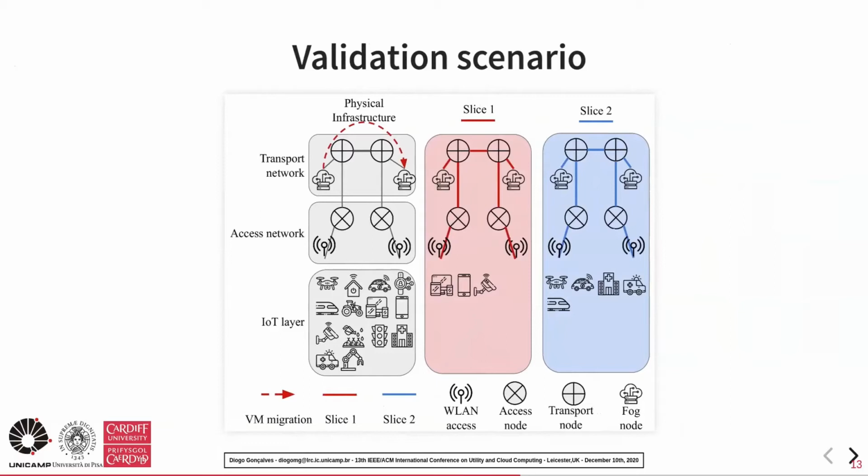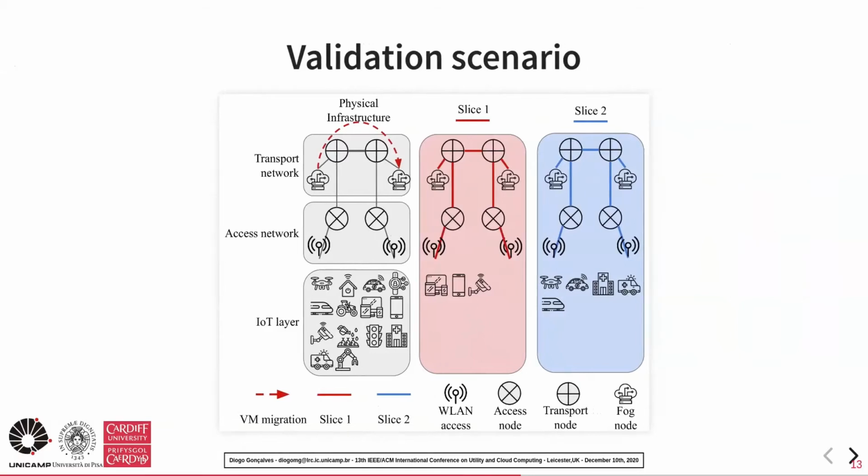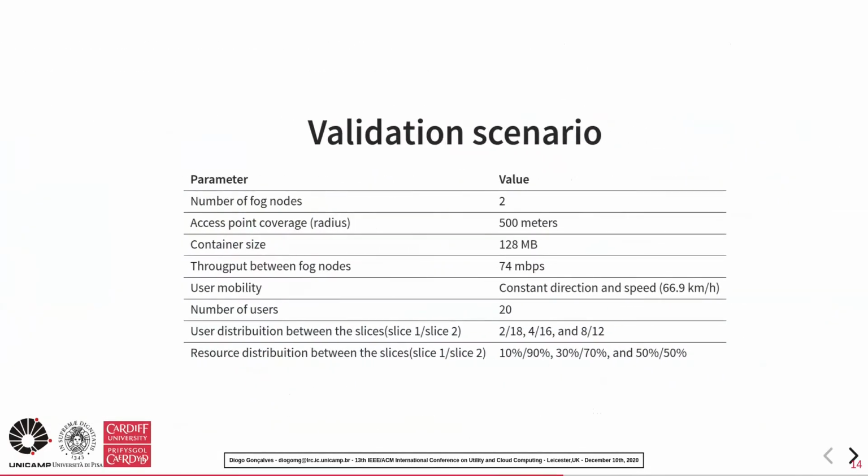The network parameters were also based on a real testbed. The containers that run the user servers on the fog are 128 megabytes, which will be migrated through a 74 megabits per second link that connects the 2 fog nodes.